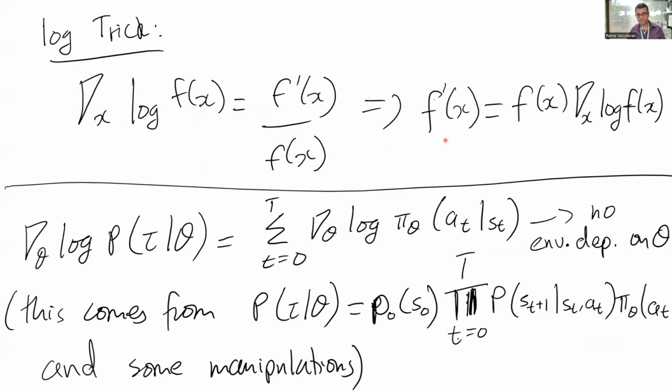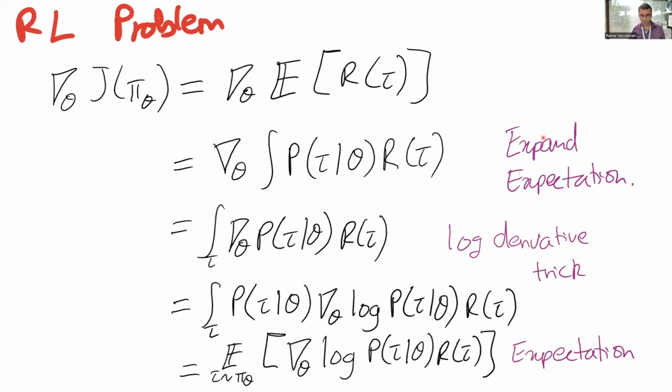If you rearrange this, the derivative of a function is equal to the function multiplied by the derivative of the log of the function. That's basically what we are doing here. These are all in your lecture notes as well, which you can get from GitHub. You can rewrite this as this expression below.